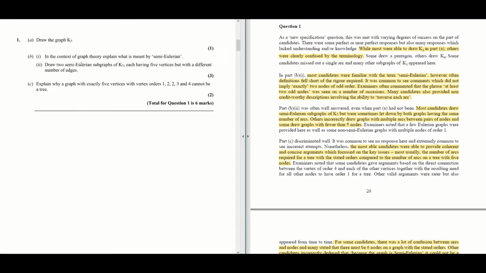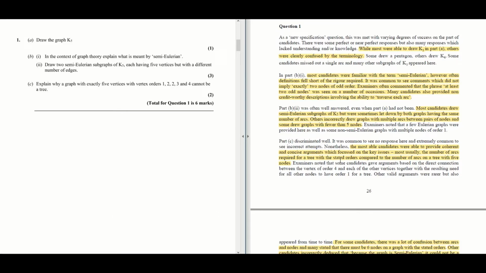Okay, for the next part, that was drawing 2 semi-Eulerian graphs, subgraphs of K5. That was done pretty well. But in terms of some of the errors that were made with this, others incorrectly drew graphs with multiple arcs between pairs of nodes, and some drew graphs with fewer than 5 nodes.